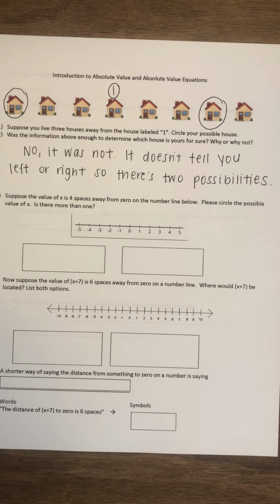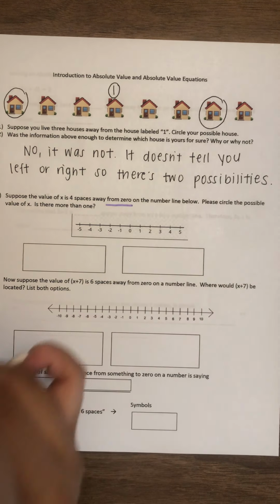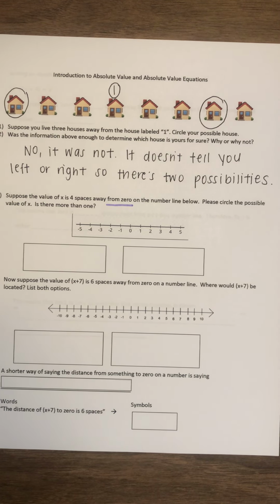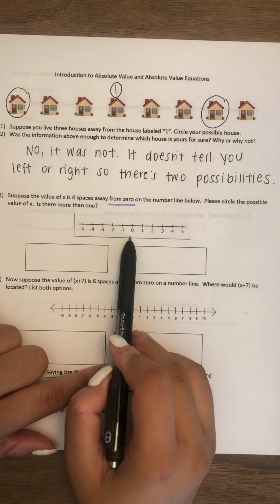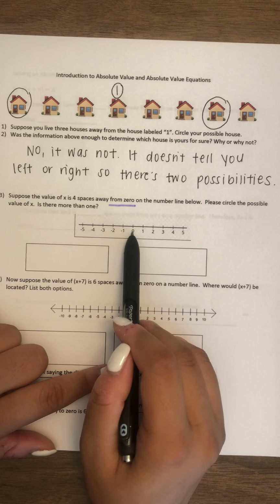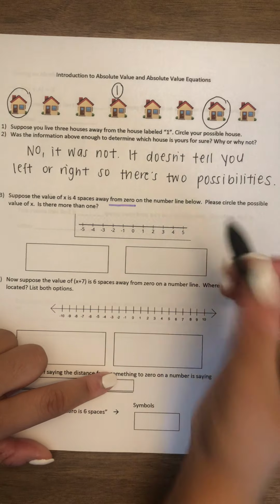So let's go ahead and look at that concept using integers and numbers. So suppose the value of x is 4 spaces away from 0 on the number line. We're always looking at spaces from 0 on the number line. Please circle the possible value of x. Is there more than 1? So let's go ahead and look at this number line. It has a negative side and a positive side. And let's start at 0. I'm going to go ahead and do 4 spaces to the left first.